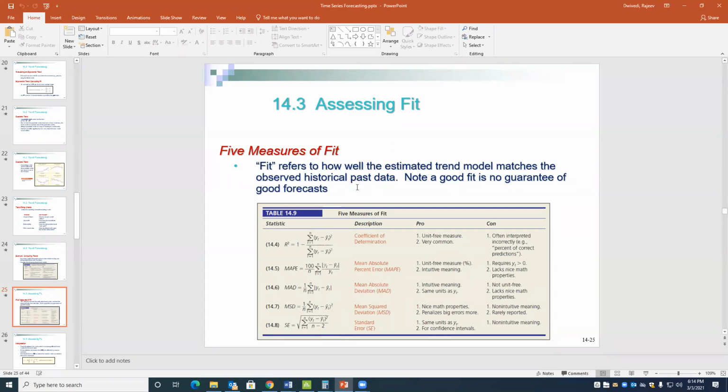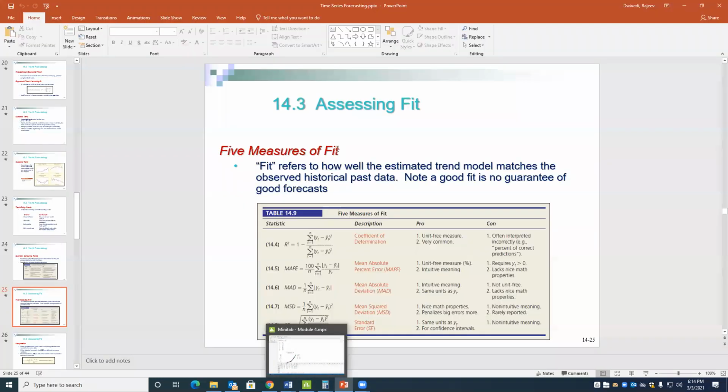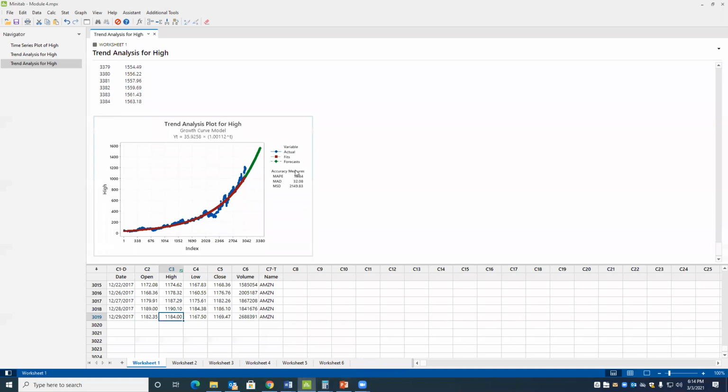For example, suppose you are going to forecast Amazon stock for the next 2 years. There's no guarantee that Amazon will keep going like this. Suppose you have a stock of Tesla, and today everyone has invested a lot of money in Tesla.